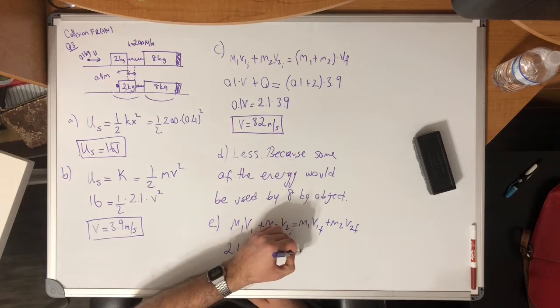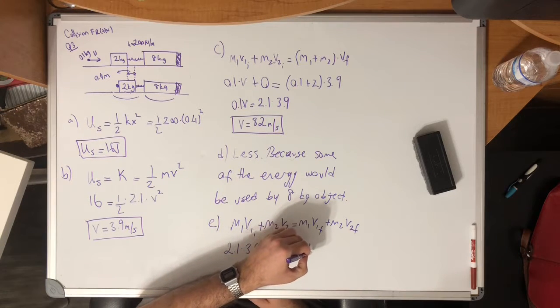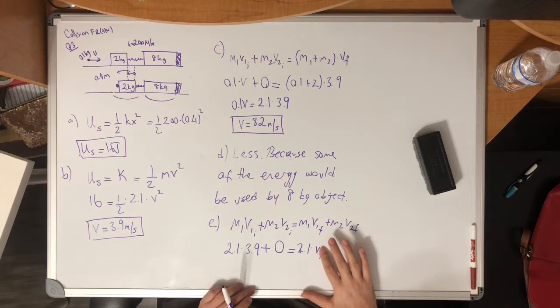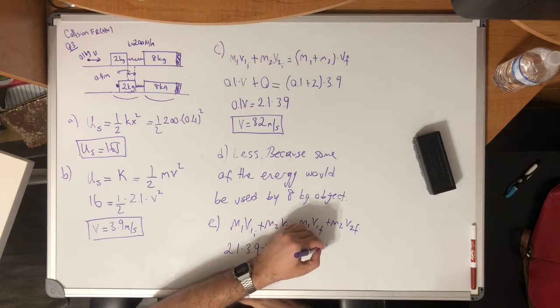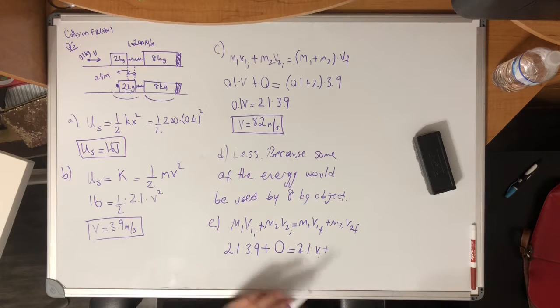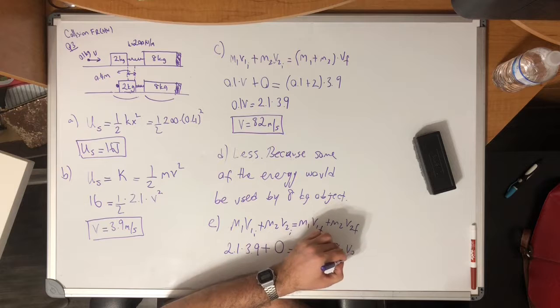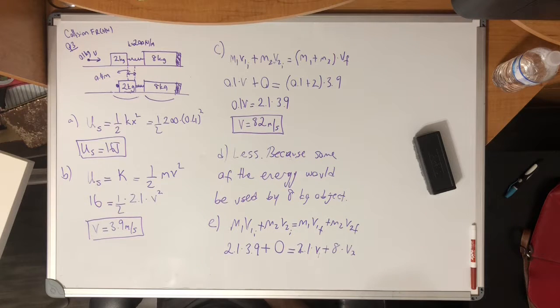So we are going to have 2.1 times V final that we don't know, we can just call it V1, plus we have the 8 kilogram object and we do not know its velocity either, so it's going to be V2. So that's going to be the first equation that we're going to use.